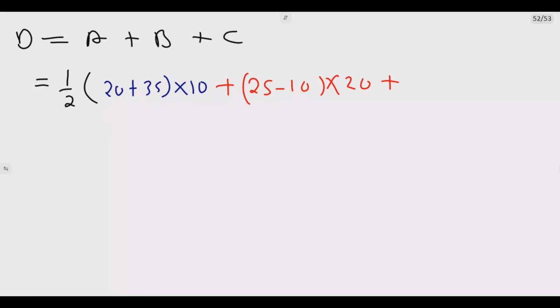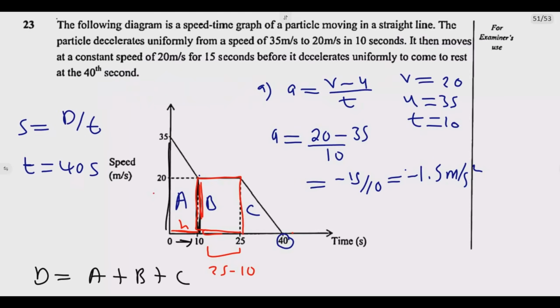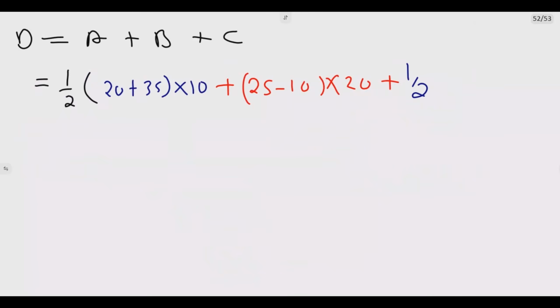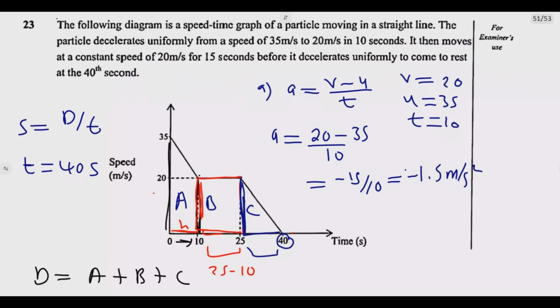Then plus, we go to the last one. The last one is a triangle. So it will be this difference multiplied by that times half. So it will be half times 40 minus 25 times 20. Why 20? 20, this is the other side.